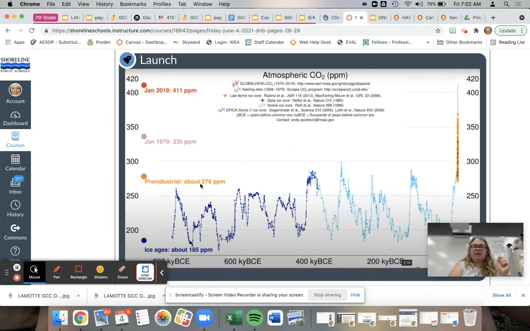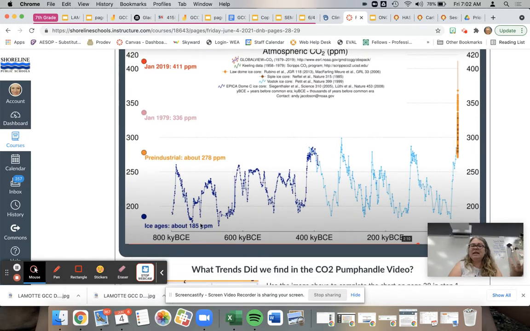We saw that pre-industrial, which we learned was before burning of any fossil fuels, so nothing unnatural in the cycle. You would expect, perhaps, that this level would be the same as during the Ice Age, because both of them have a natural carbon cycle, and both of them don't have burning of fossil fuels. So why would they be different, and pretty significantly different?